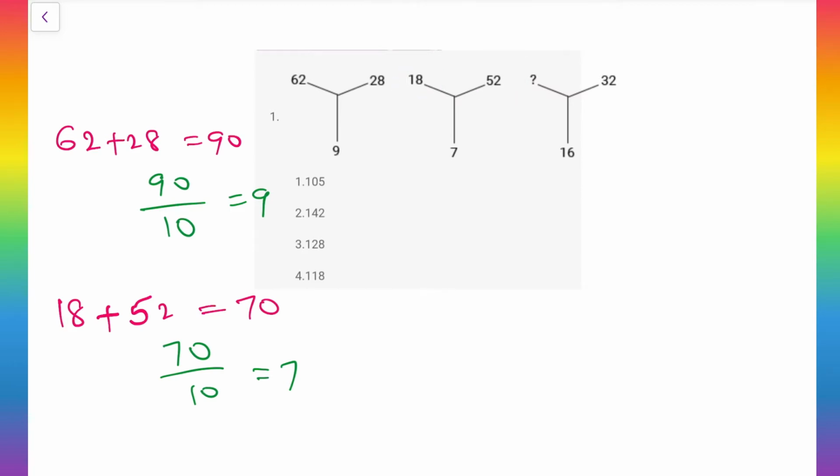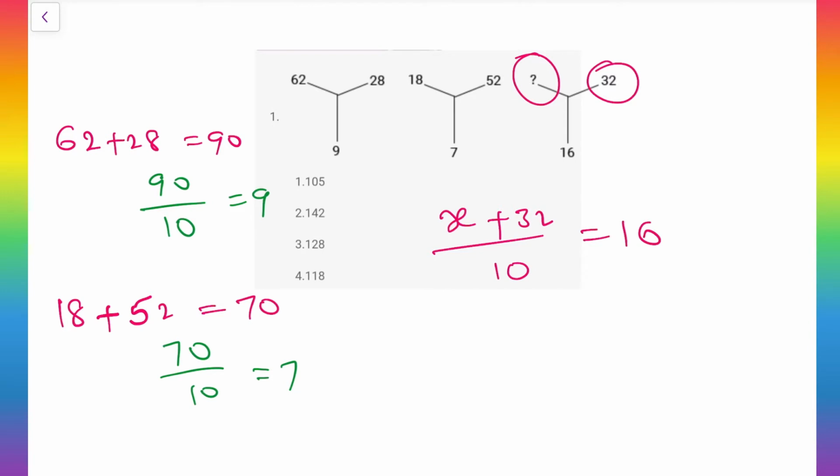Now let us apply the same logic for the third figure also. Here something is missing, we don't know that one, so I'm taking it as x plus this number 32. If we divide that addition by 10, we need to get 16. Now take 10 to the right side, it will become multiplication.